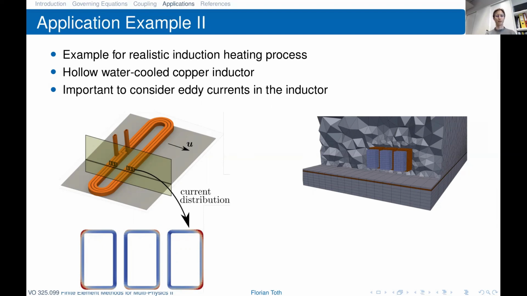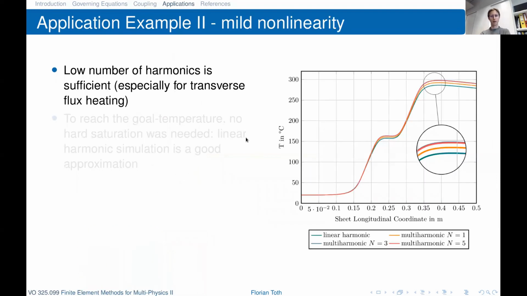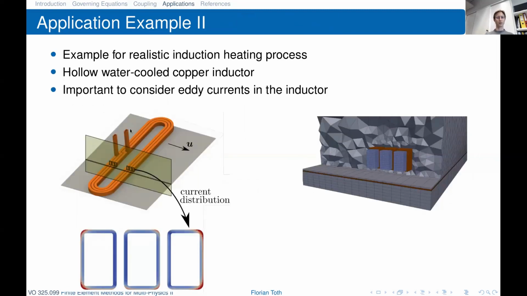I've given you a reference afterwards where you can find out a bit of detail about this formulation for the eddy current problem. But just to highlight a few of the results. So here the steel sheet is moving again through the inductor with a constant speed.